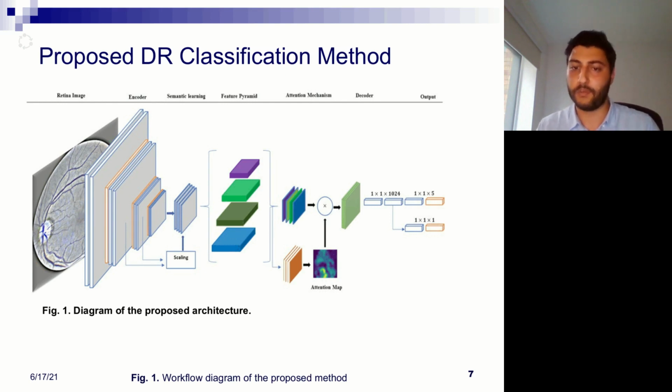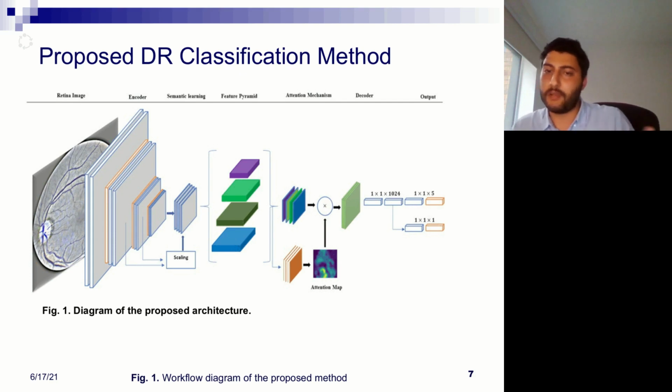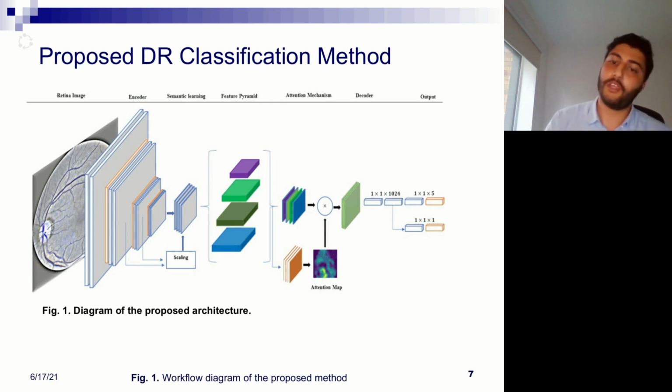So we use the multi-level representation first from the encoder, and then the multi-scale representation, and then we use the idea of the attention mechanism by creating an attention map, which is a series of convolution layers applied to the multi-scale representation.